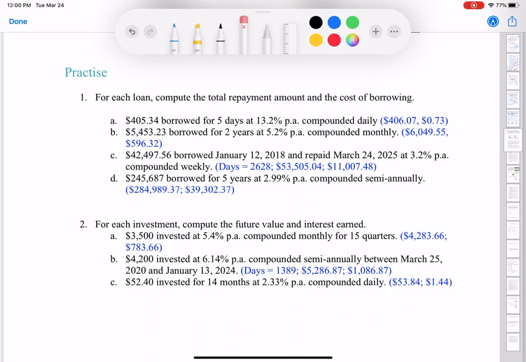Now, you will see that anytime you have a question in the student practice that is not counting from the 12th to the 12th, like this particular example here, it's going from the 12th to the 24th, I've actually given you how many days are between those two values. So for those questions, you can just use that time is equal to 2628 over 365.